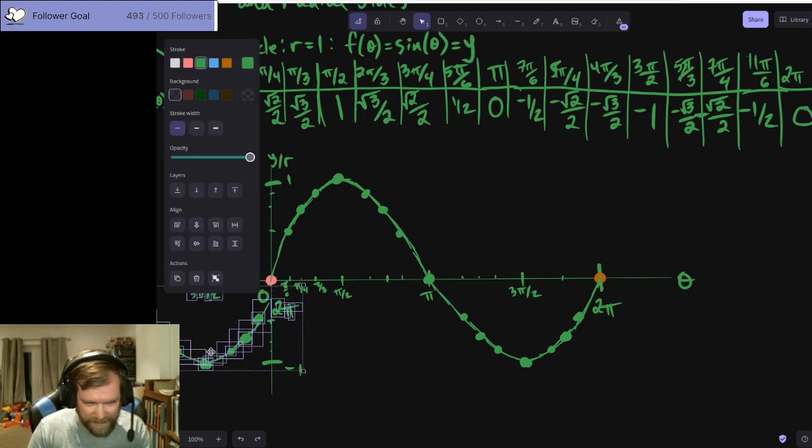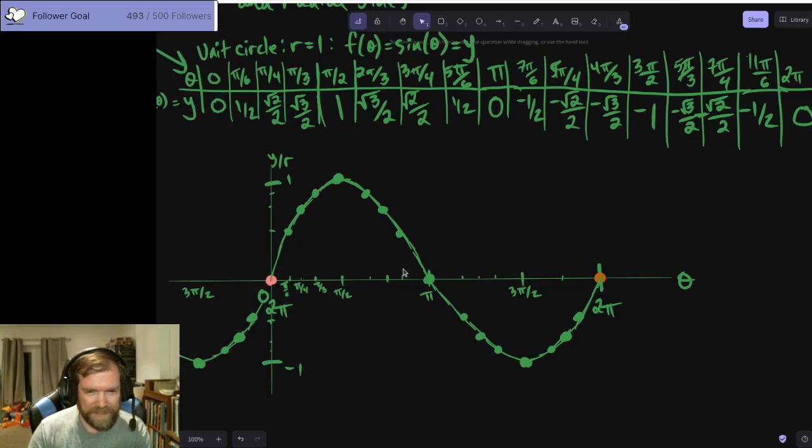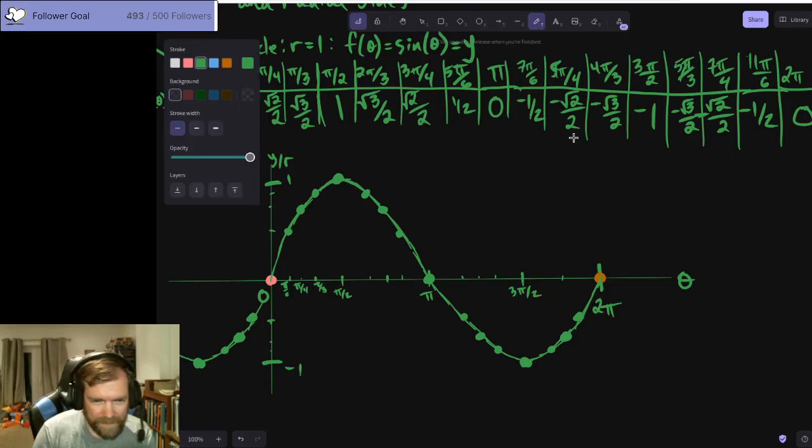That should be there. There we go. Perfect. Nobody saw anything. Right, so this is going to be negative pi over 2 here.